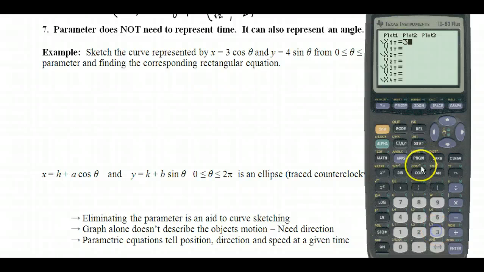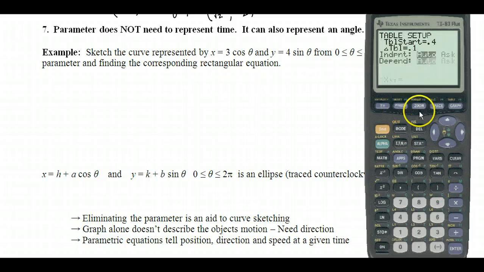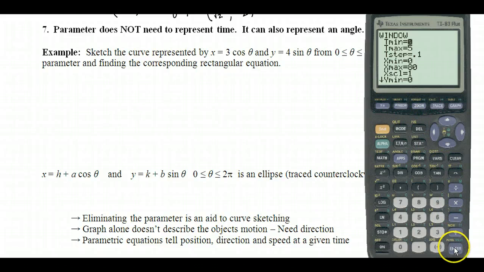So x is 3 cosine theta, and y is 4 sine theta. Our window settings: theta would be from 0 to 2 pi. And again, I always just find if I leave it as a tenth, I'm good to go.